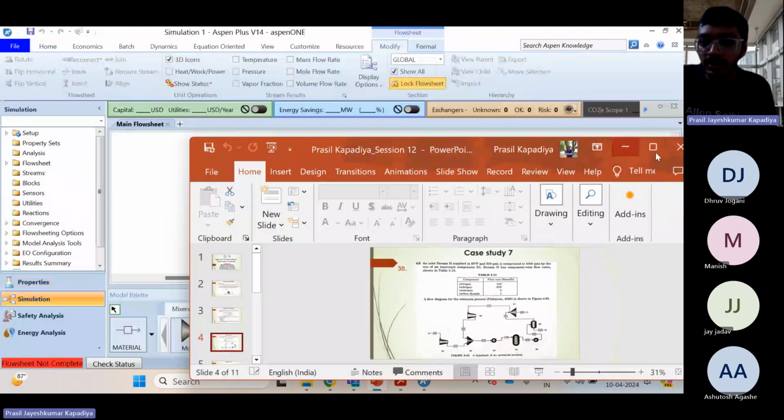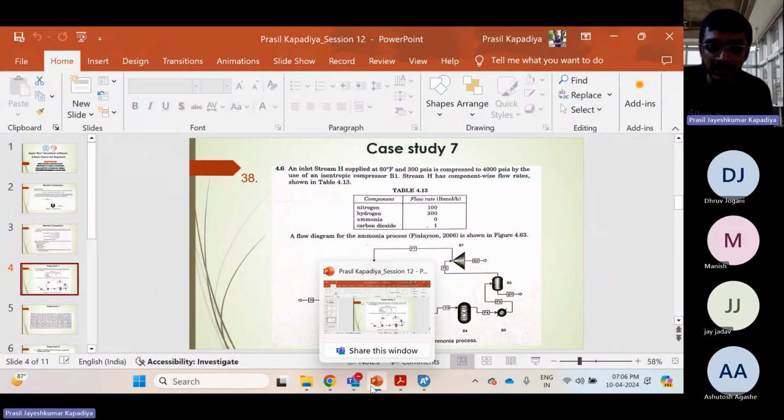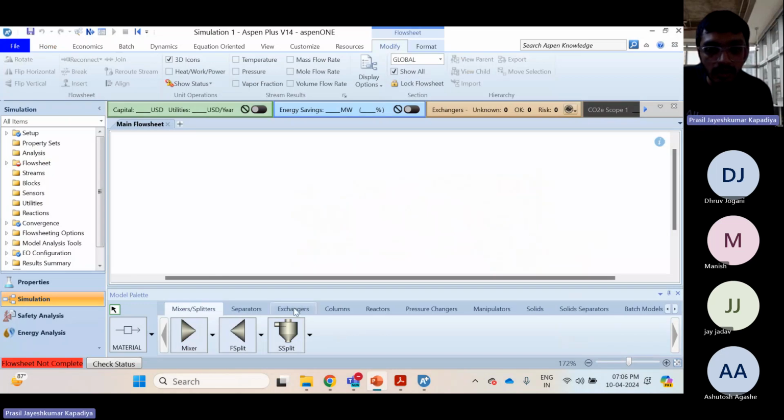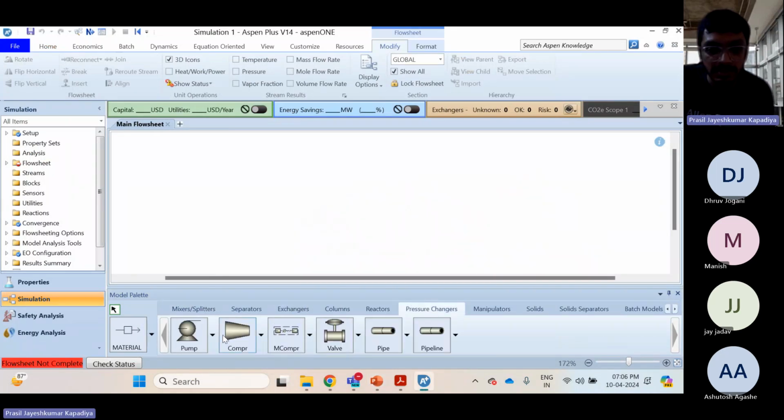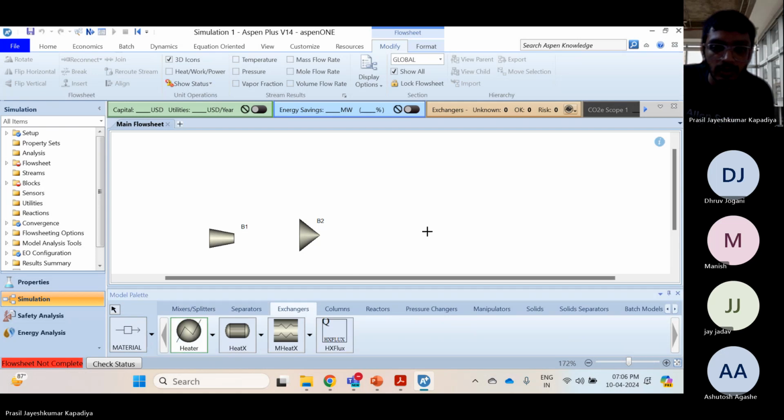So first, it is being passed to compressor, mixer, heat exchanger. Let's add these three first. Pressure changer, then we will add compressor, then mixer and exchanger.